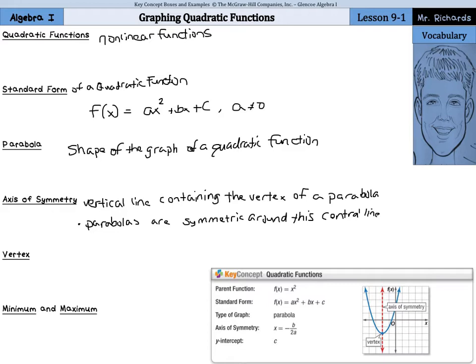The vertex is the maximum or minimum point of a parabola.